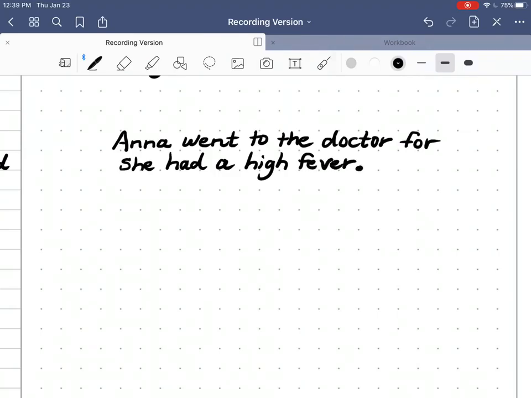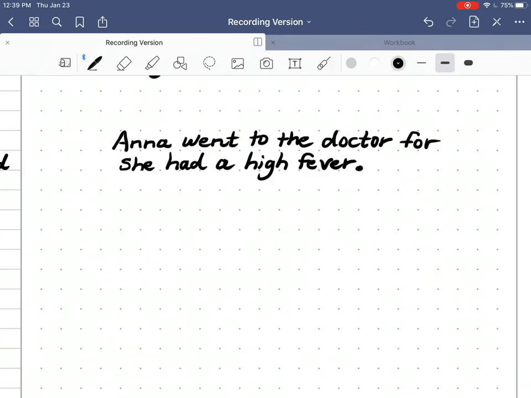I would say Anna went to the doctor because she had a high fever. The word for is sort of an old English usage. It's just not that common. But as sure as I don't show it to you, it's going to be on the test somewhere.